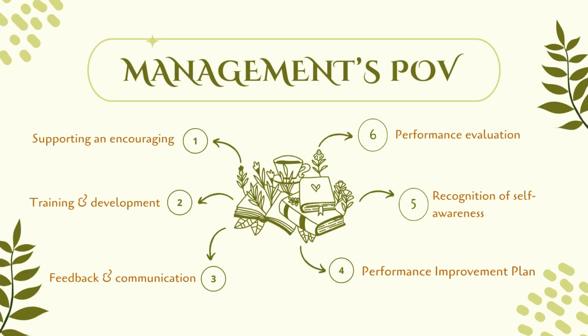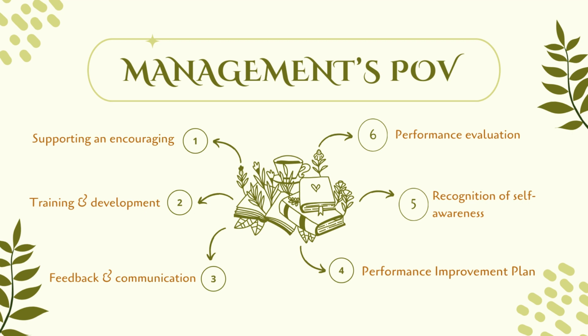So when the auditor recognizes the weaknesses of the company, what is the point of view of the management regarding that report? First, supporting and encouraging. The management may appreciate the auditor's honesty and proactive approach to self-improvement, so they may offer assistance, guidance, and resources to the auditor to overcome these weaknesses.